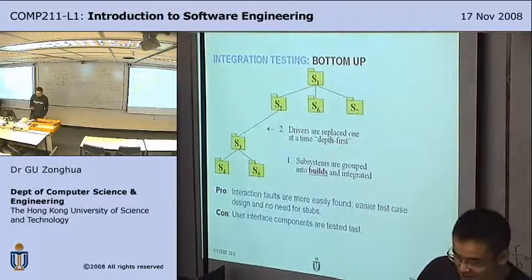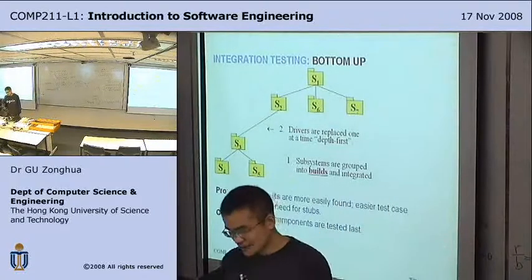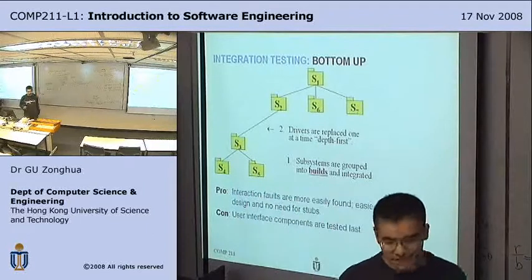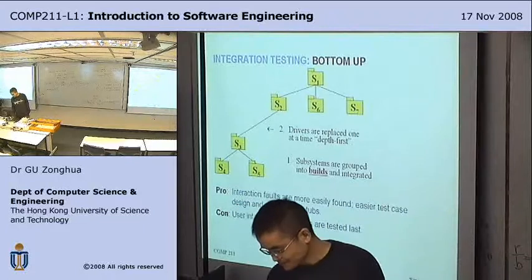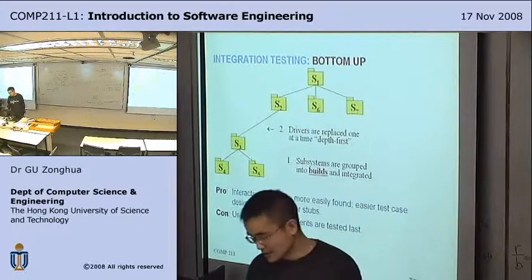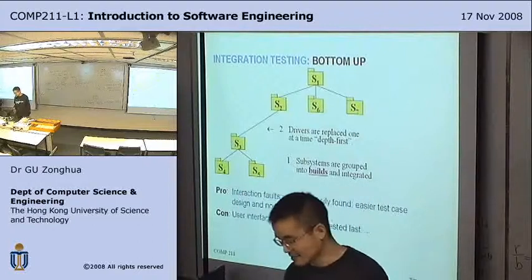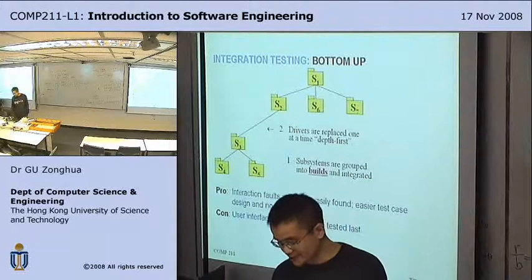So therefore, you don't have early feedback from the user by having a complete UI available to them. And the system as a whole does not exist until the very last subsystem is added. Therefore, you don't have a high-level overview of the system early in the project.